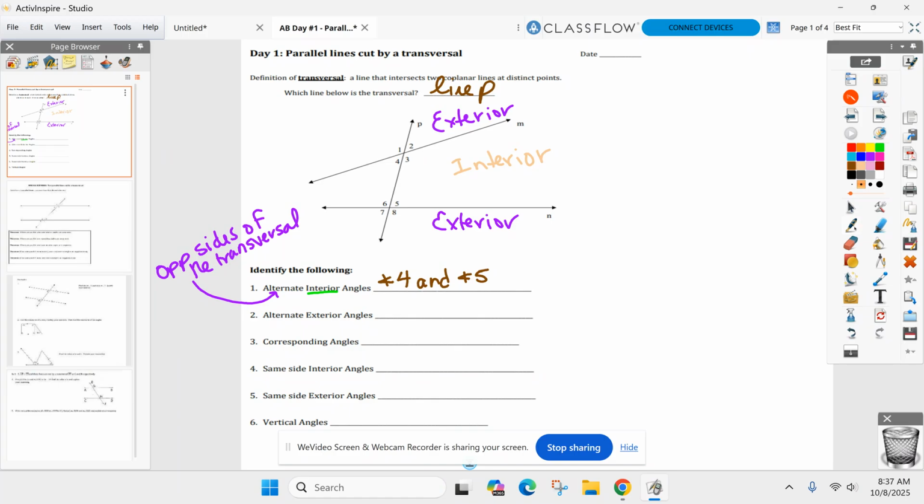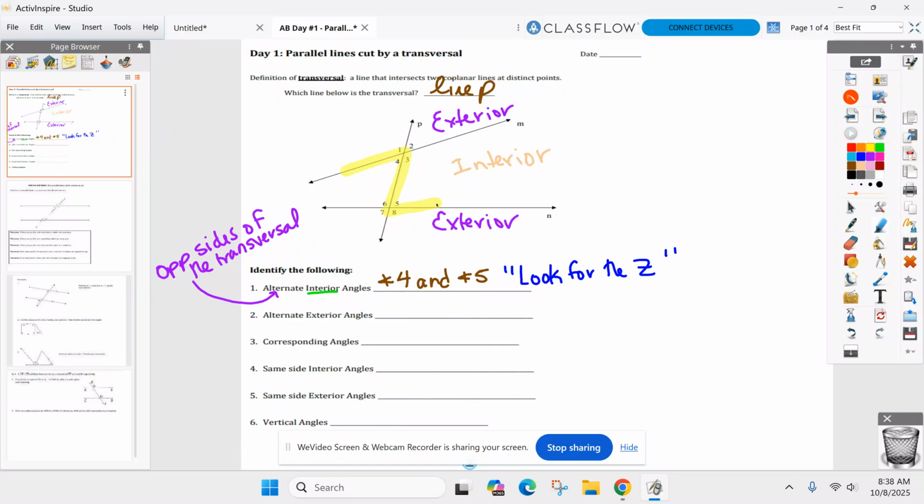And I know some of you are going to struggle with this, so let me give you more of a hint. When you look for alternate interior angles, look for the Z. Everyone know the letter Z, correct? From the alphabet, letter Z. What do I mean by that? And you don't have to do this. It's going to get sloppy. Everyone see the Z there?